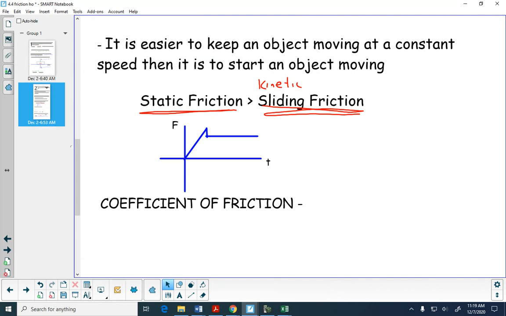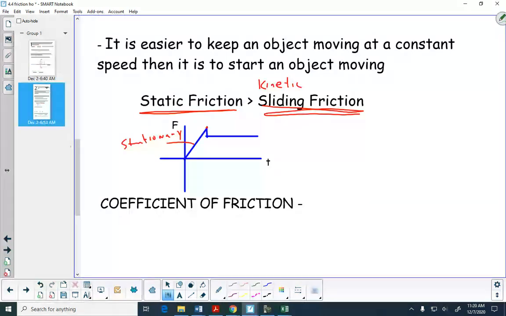So if I take a look at what was happening with my initial demonstration over here, I continued to apply a force, okay? And during this time, we were stationary with our object, until we got to this point right here.